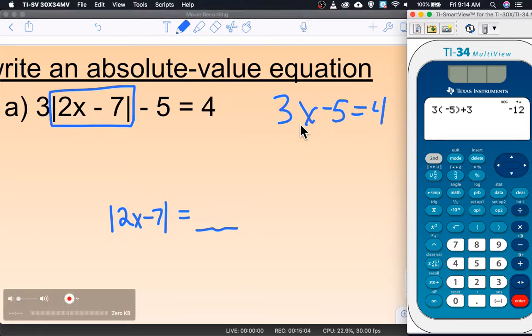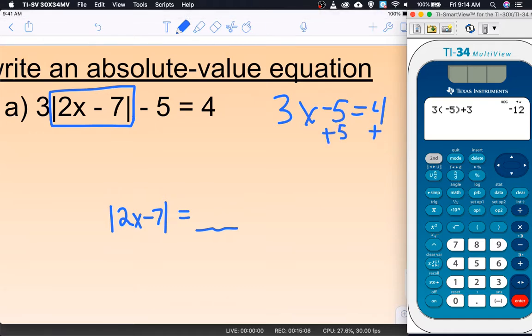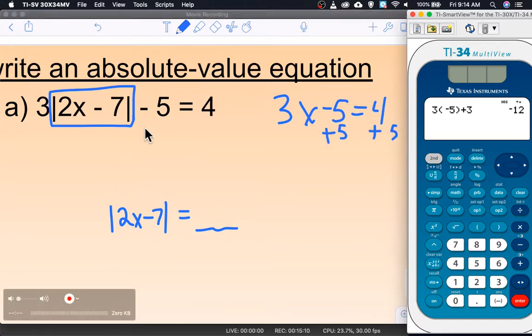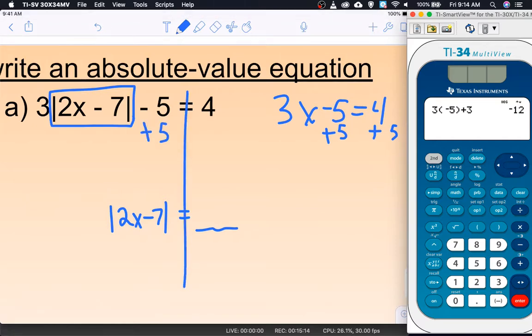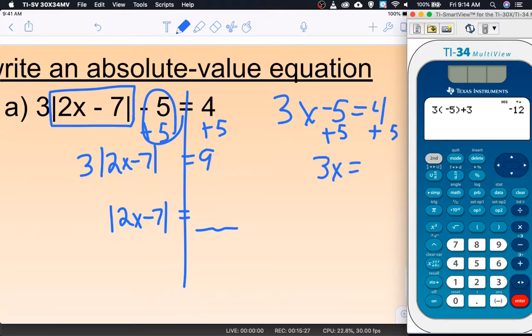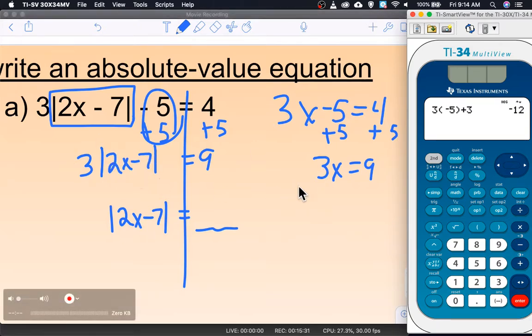Like if I was looking at this, you'd say, well, what's the first thing you do? You would add 5 to both sides. Well, it's the same thing here. We're going to get rid of the add and subtract first. This piece cancels out. 3 times the absolute value of 2x minus 7 equals 9. Just like over here, I'd have 3x equals 9. I'm still trying to get this piece by itself.